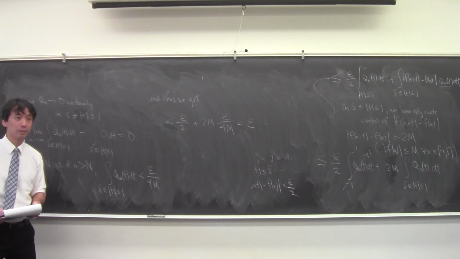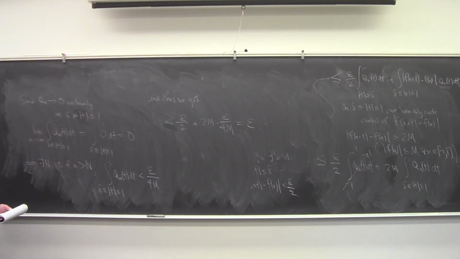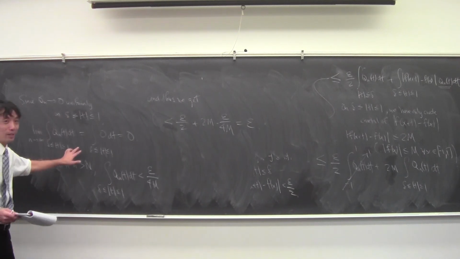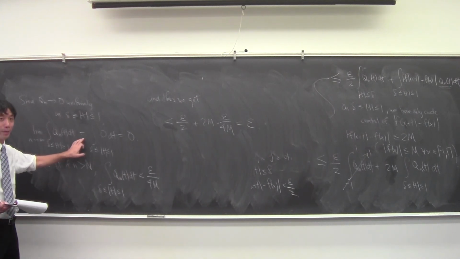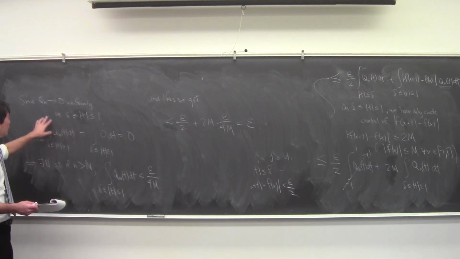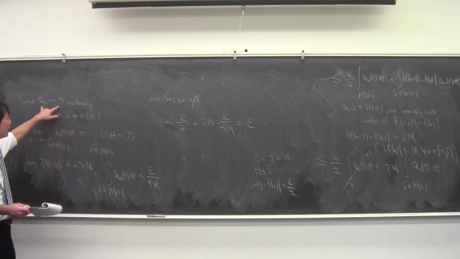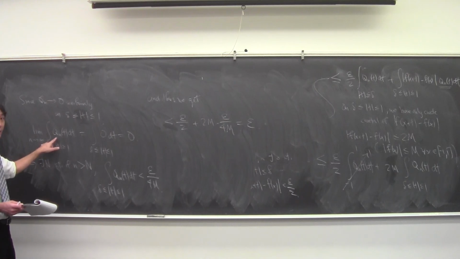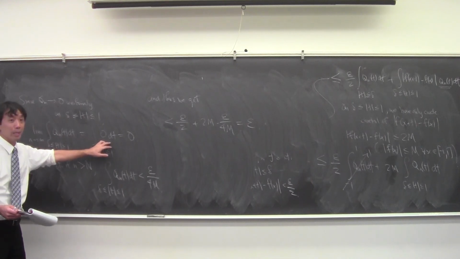Yeah, Lara. So we know that Qn as a function goes to 0, but I'm a little confused about how we can say the same thing about the integral. That's exactly this thing here. Qn goes to 0 uniformly, and we had that theorem that said that if that happens, then the limit of the integrals is the integral of the limit.